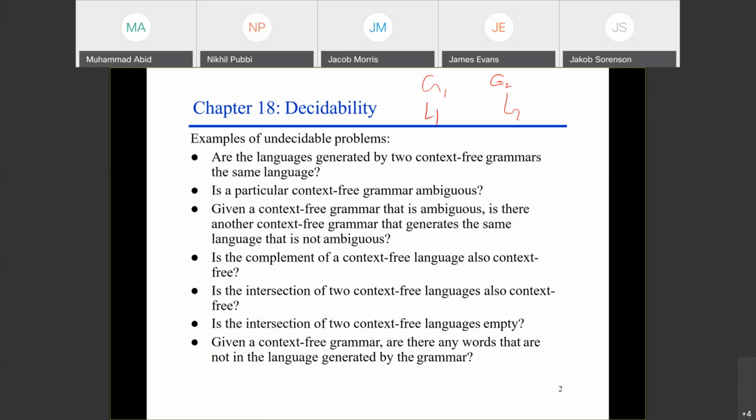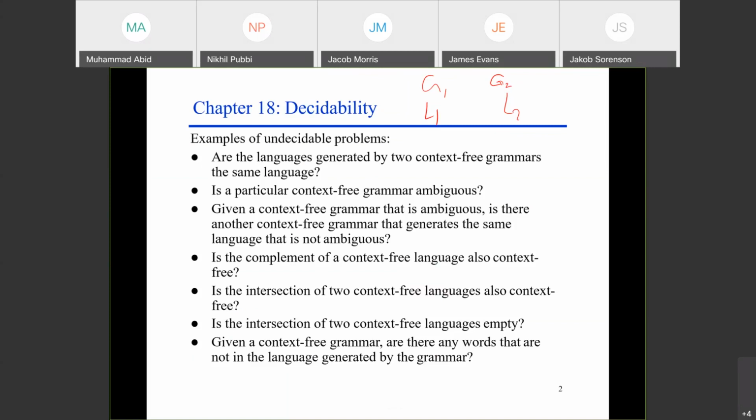So this is our decidability issue. These are undecidable problems. Now the second question: is a particular context-free grammar ambiguous? We have no algorithm to figure out the answer to this. I believe you now have an idea about ambiguous and unambiguous grammars. Given a context-free grammar that is ambiguous, is there another context-free grammar that generates the same language that is not ambiguous?